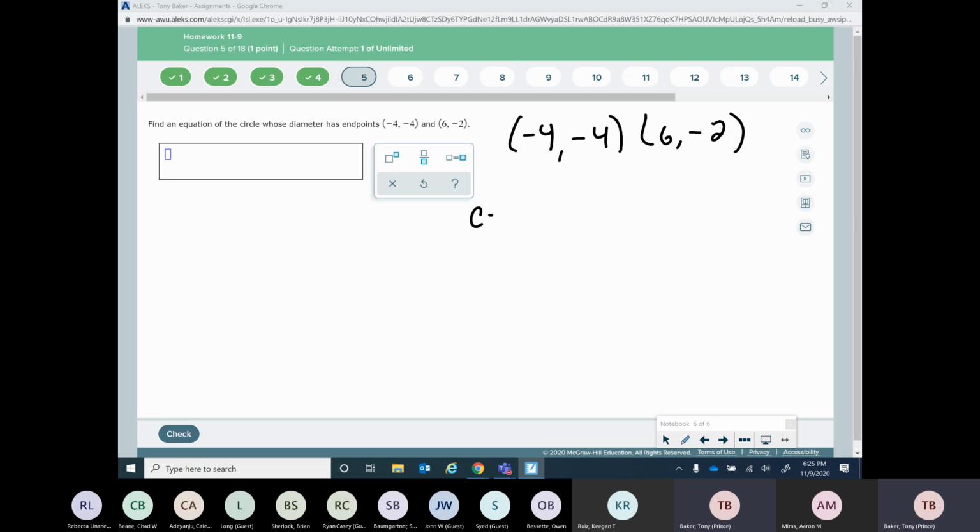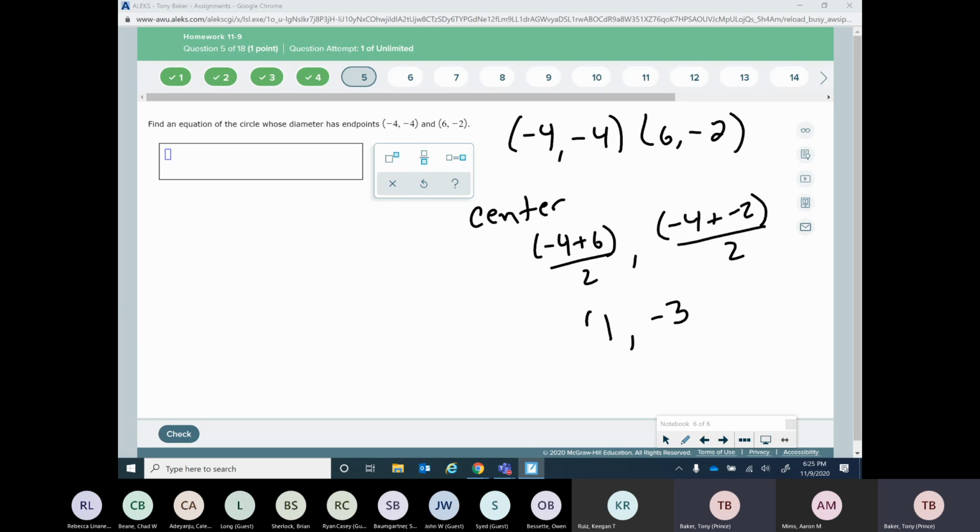To find my center, I have to find the midpoint of those two. So I have negative 4 plus 6 divided by 2, and then negative 4 plus negative 2 divided by 2. My center is going to be 2 over 2, which is 1, and negative 6 over 2, which is negative 3. So that's my h and k. Now, to find my radius, once I've found my center, I take one of the points and do my distance formula.